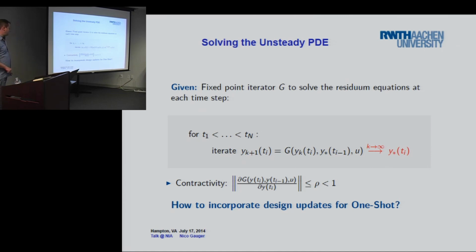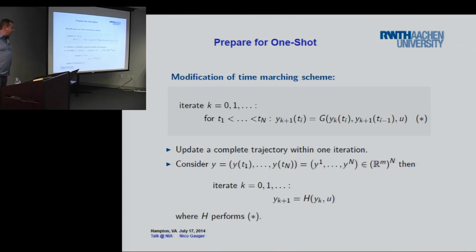And now the question, how to incorporate such updates in one shot in this unsteady case. We modify the scheme now in a way that looks in the first moment a little bit crazy. What we are doing is a loop reversal. So alongside a physical time sweep, we do only one evaluation of these inner loops G. So the inner loop becomes the outer loop and the outer loop becomes the inner loop.